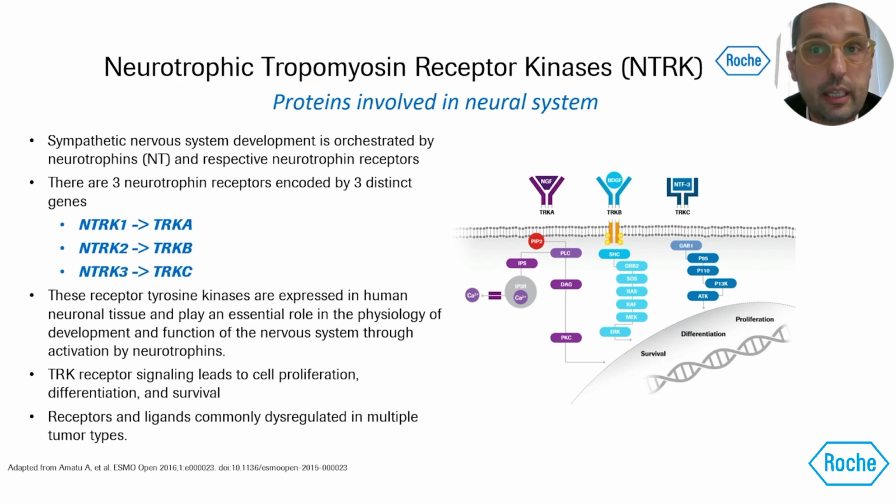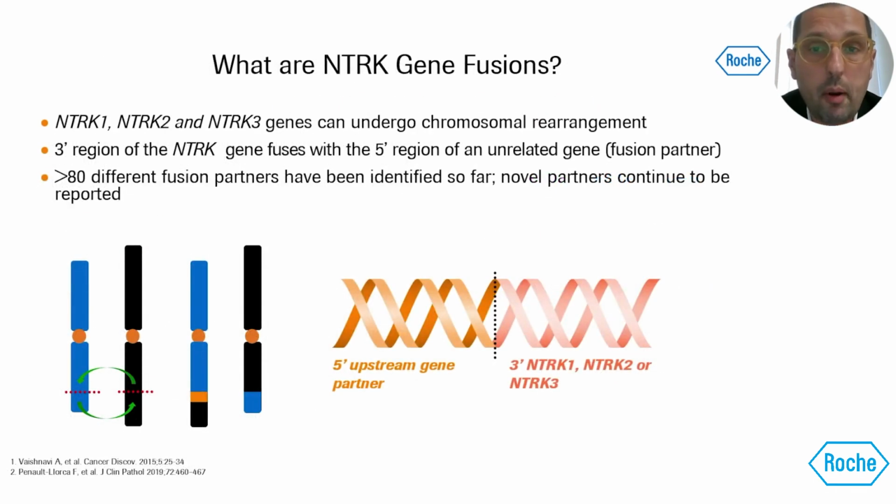However, these genes and their proteins with tyrosine kinase activity may also be dysregulated in multiple tumor types. The most common mechanism of activation of tyrosine kinase activity is through chromosomal gene rearrangements.